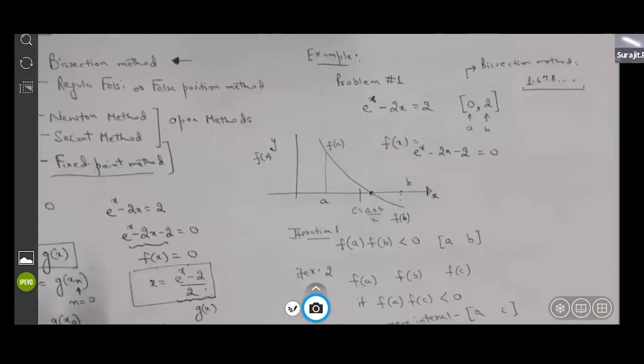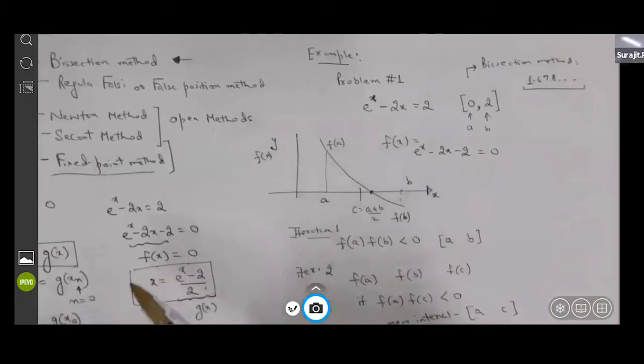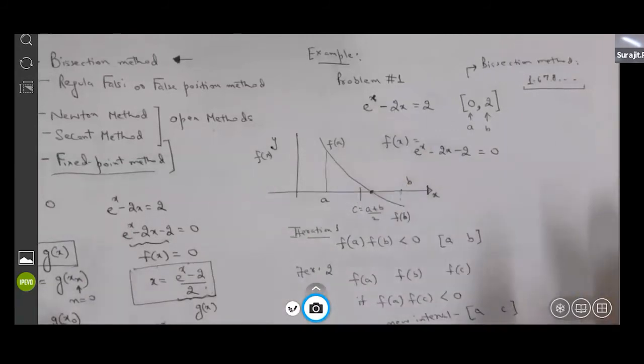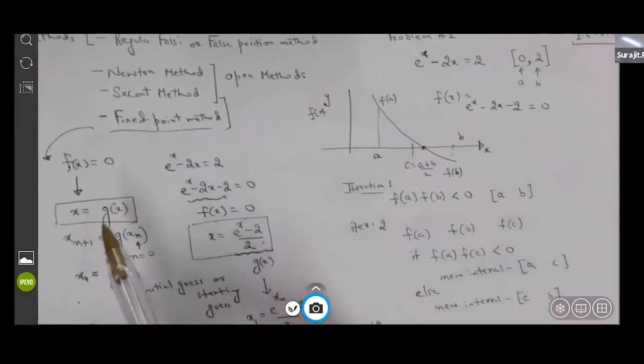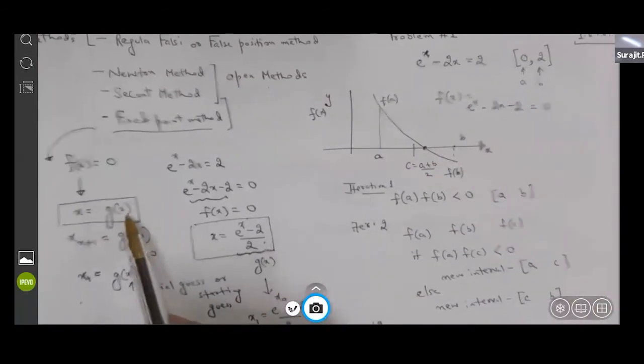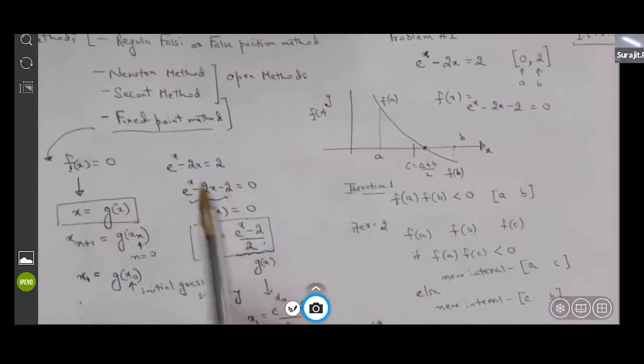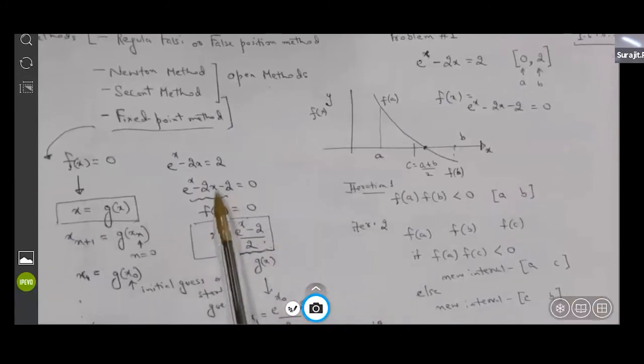So just to make sure that this method does not give you one root, but more than one root, what we have to do is this: there is not one way of writing x equals g of x. There is another method as well to write x as g of x.